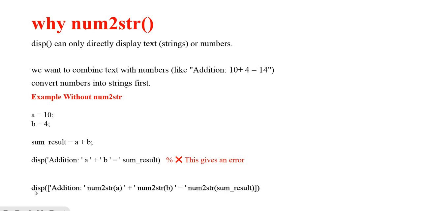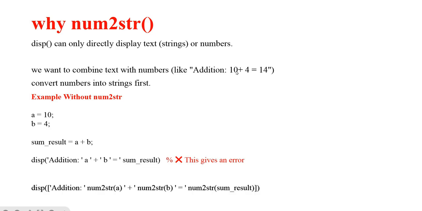So here we have to write disp, round bracket, open square bracket. The text Addition must be written in inverted commas, Addition colon, then num2str of a, that is, the number a which we have entered, we are converting into a string. So num2str of a plus num2str of b is equal to num2str of sum_result. You need to write like this if you want the output as such.